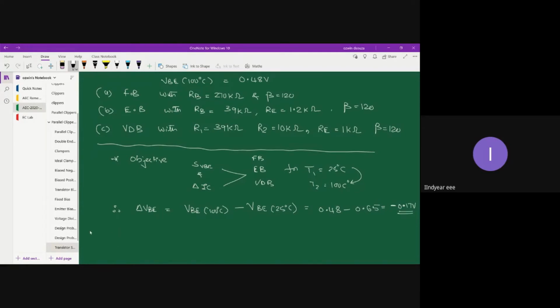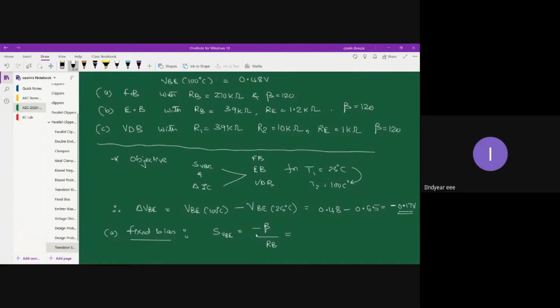So we have found delta VBE. All right. Now let us go to the fixed bias circuit. In case of fixed bias circuit, we have found that SVBE is equal to minus beta divided by RB. Okay, this you have to solve it. You have to find it. We have done it for voltage divider bias.